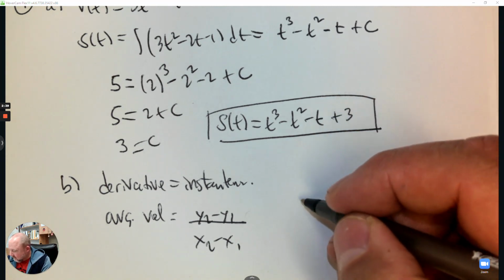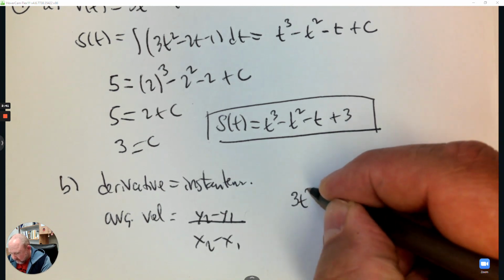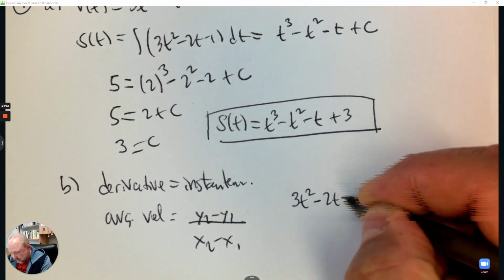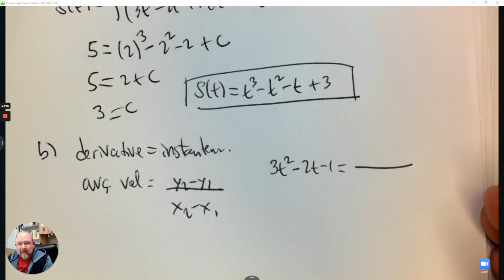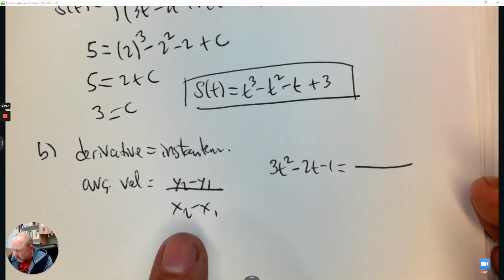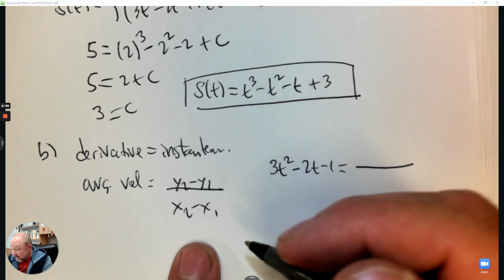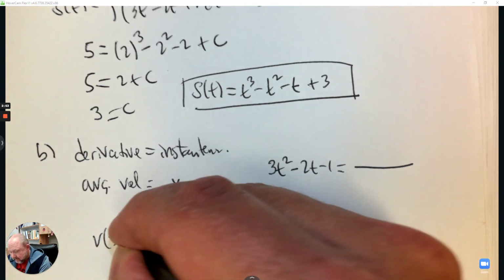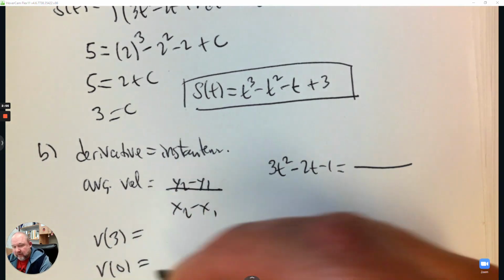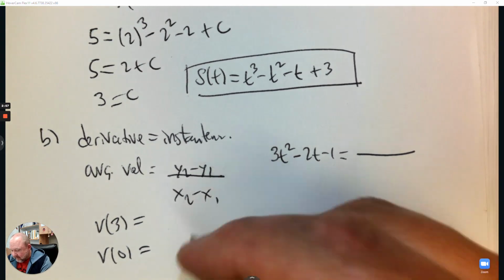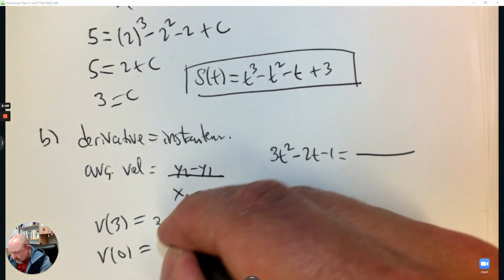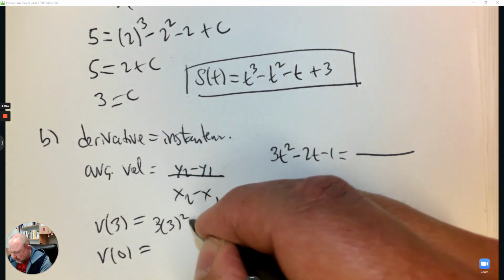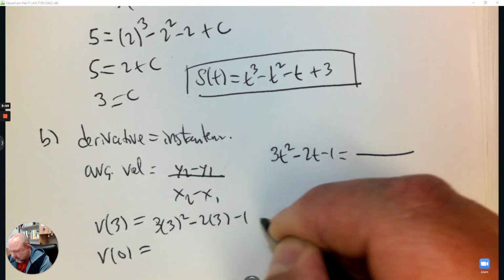So we're going to take the velocity equation and make it equal to the average one, y2 minus y1. So I need to know the velocity at 3 and the velocity at 0. If I plug in 3, that's 3 times 3 squared minus 2 times 3 minus 1.